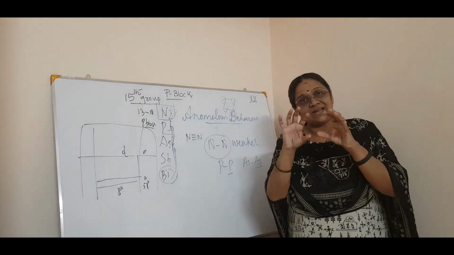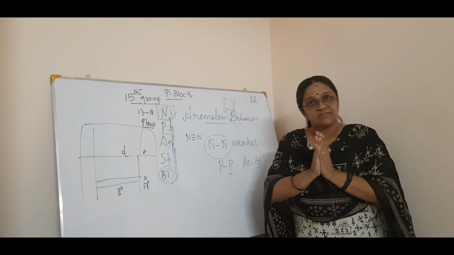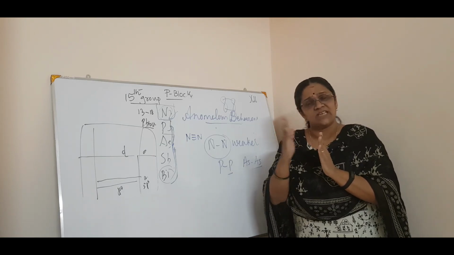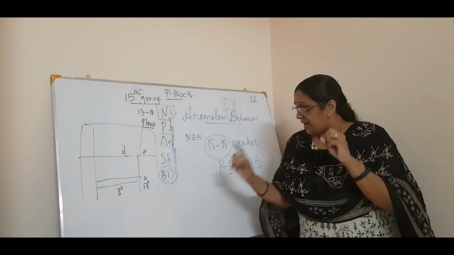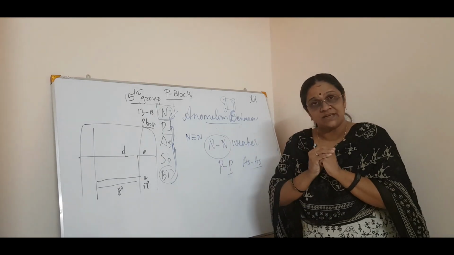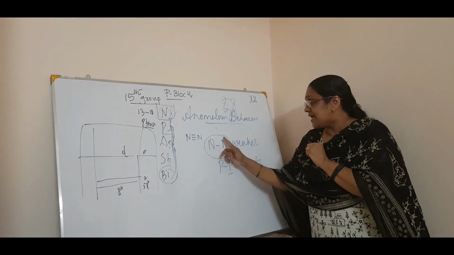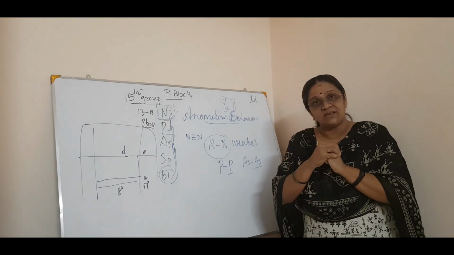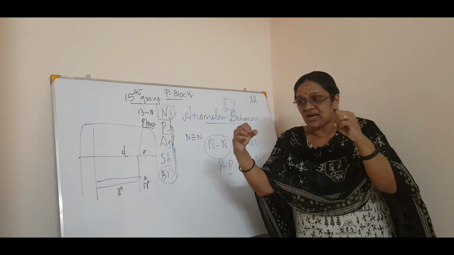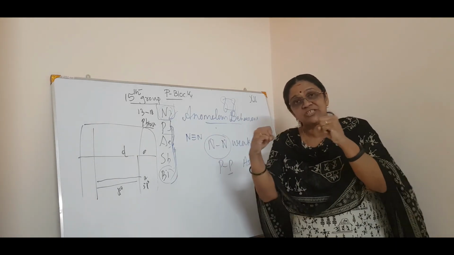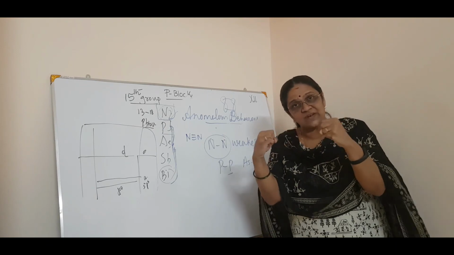You got my point? Once again I will write it. If a nitrogen-nitrogen single bond happens, same as fluorine, same as oxygen. See, the nitrogen-nitrogen bond is very small compared to other elements, isn't it? Then, each has a lone pair of electrons. So what happens? Electron repulsion happens. If it comes like this, the maximum repulsion between these two pairs of electrons will happen.